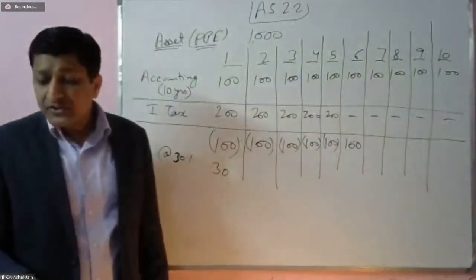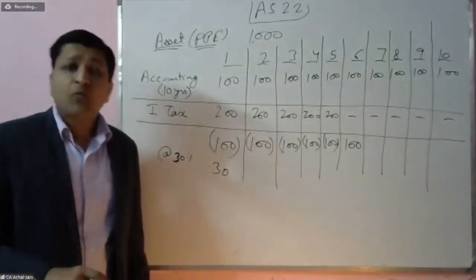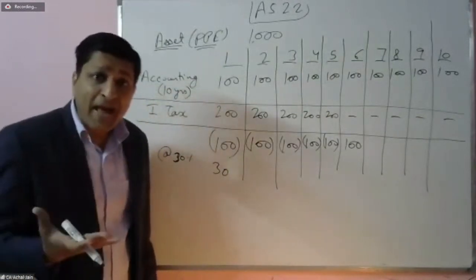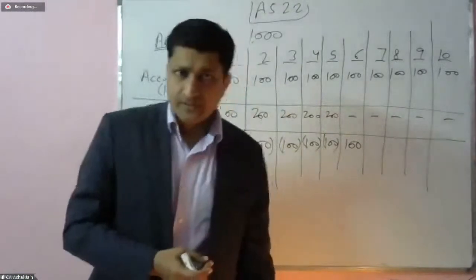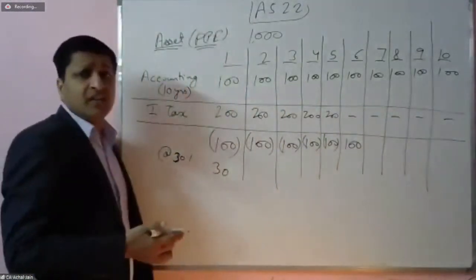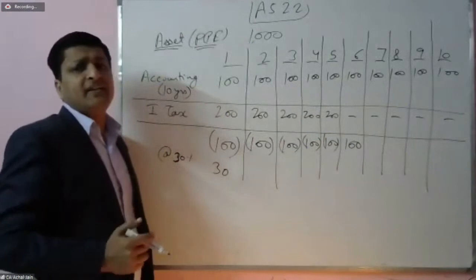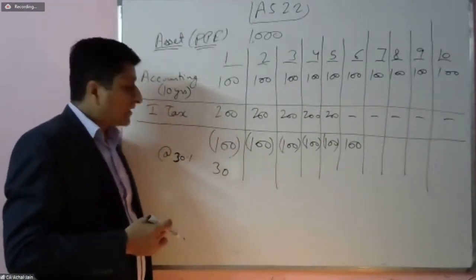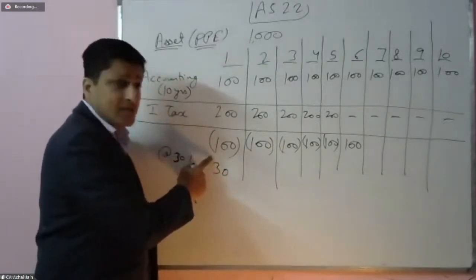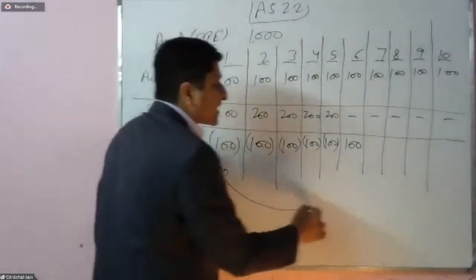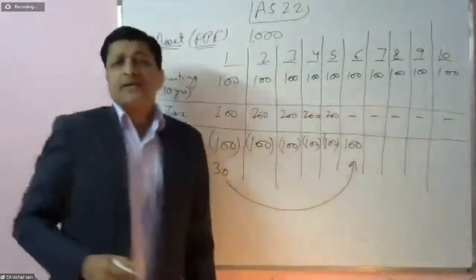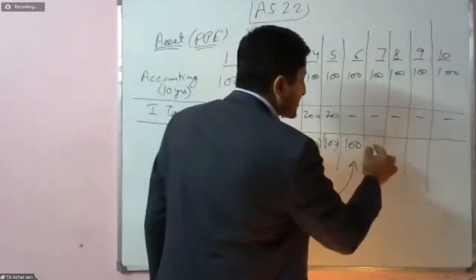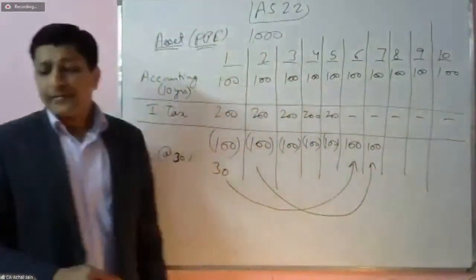What is the thing which is changing over here? Or what is the impact? It's only the timing difference. Can you see? A timing difference is getting created. What is that timing difference? Today you are paying lower tax, which has the consequence of higher tax liability in the future. In the 2nd year you are paying lower tax, which has the consequence of higher tax liability in the 7th year.